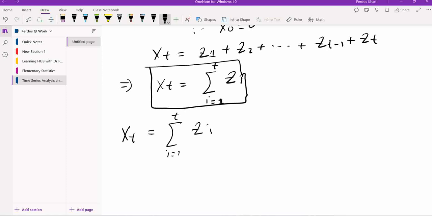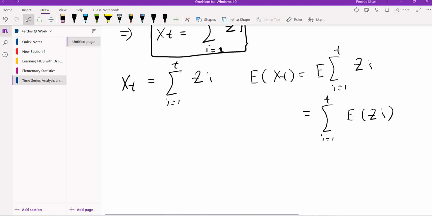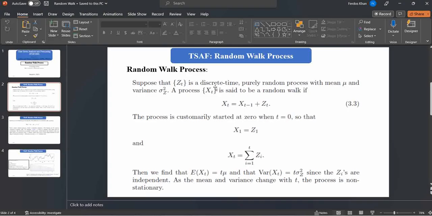So now E of xt equal to the expected value of this expression, the sum from i equal to 1 to t of zi. You can expand and apply E on each zi, and then sum. You already know the assumption that zi has a mean mu and variance sigma square z.